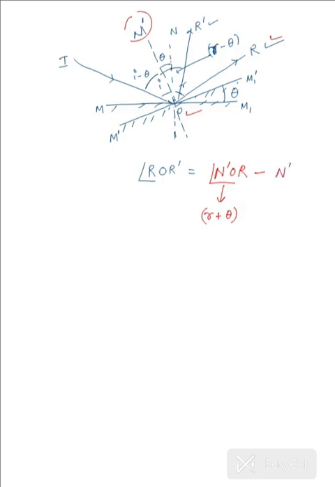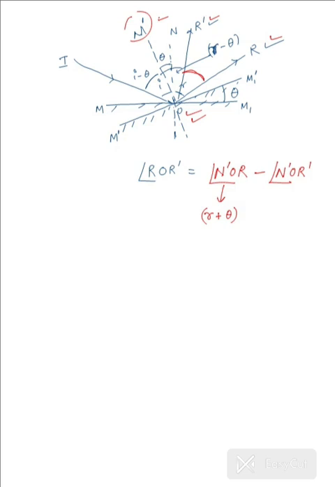N prime OR prime is going to be subtracted from it so that we can get the value of ROR dash. And the new thing that is to be taken into consideration is R prime, that line. So this angle that we are supposed to obtain, that is the deflection of the reflected ray, initially was along OR and now along OR prime. The angle between them is to be determined, and how do we do that?